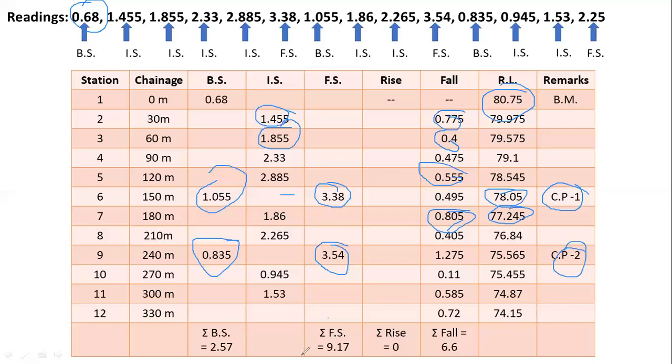Here for the check, sigma BS is 2.57, sigma FS is 9.17, sigma rise is 0 because we have no rise, and sigma fall is 6.6.